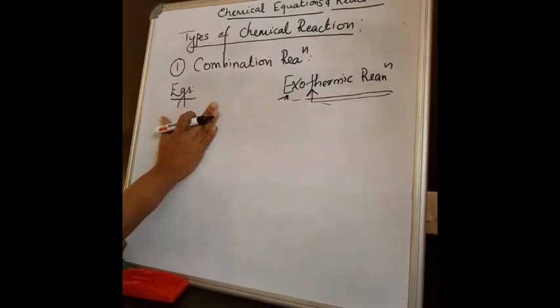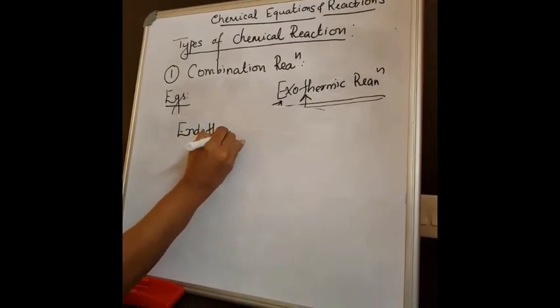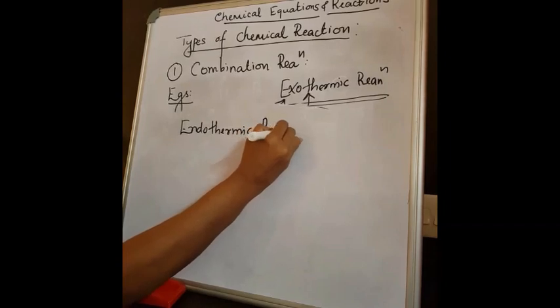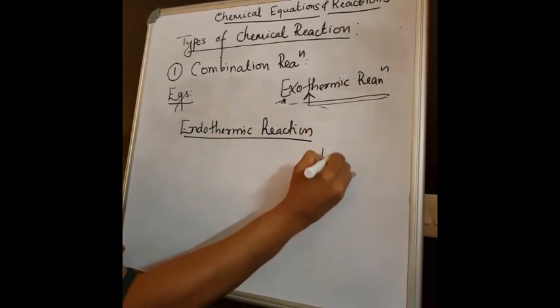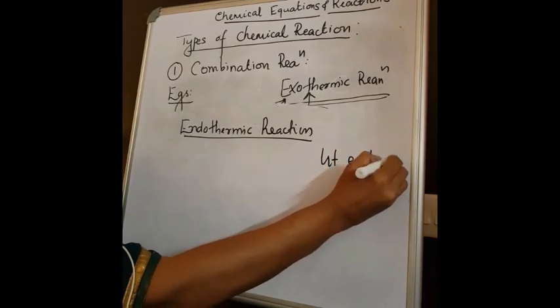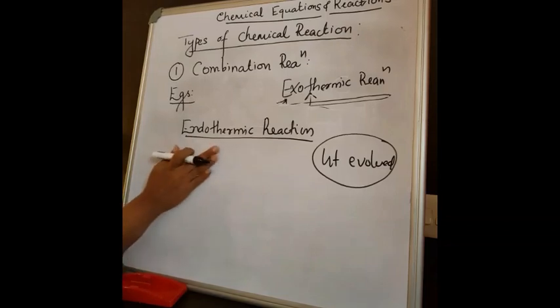Now, you got this? Okay. Now, there is one more reaction called endothermic reaction. Now, what is exothermic? If heat is evolved or liberated during a chemical reaction along with the product, it is called exothermic. Now, what will be the endothermic?